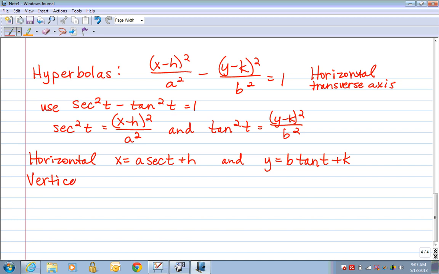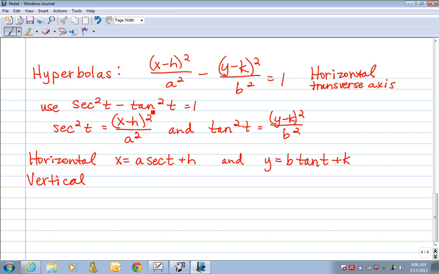And for vertical, recall that the only thing that changes in the equation, since the denominators don't change, is the numerator. Like I mentioned, if y was first, that is a vertical transverse axis. So what is changing is the y portion being first, that whole numerator being first over there is going to change the secant tangent portions.